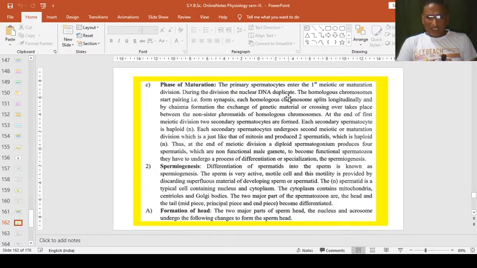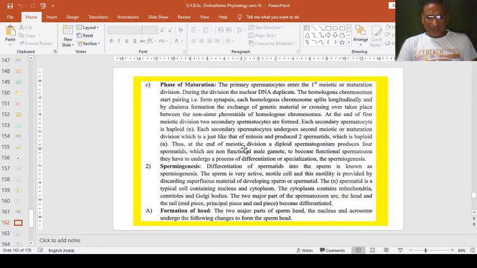From the 2n number of chromosomes, each secondary spermatocyte has a single n, or haploid, number of chromosomes. Each secondary spermatocyte undergoes the second meiotic division, or second maturation division, just like mitosis, and produces two spermatids, which are haploid, n number. Therefore, we can say 2n, n and n.